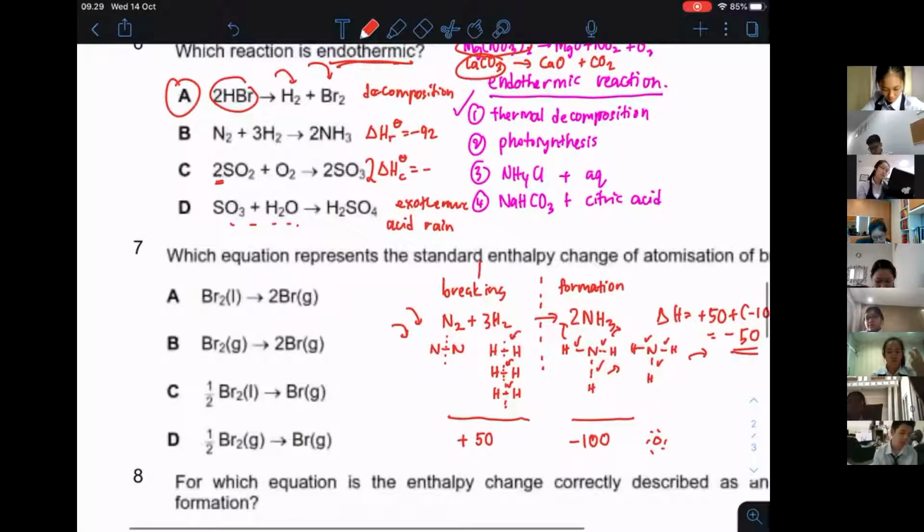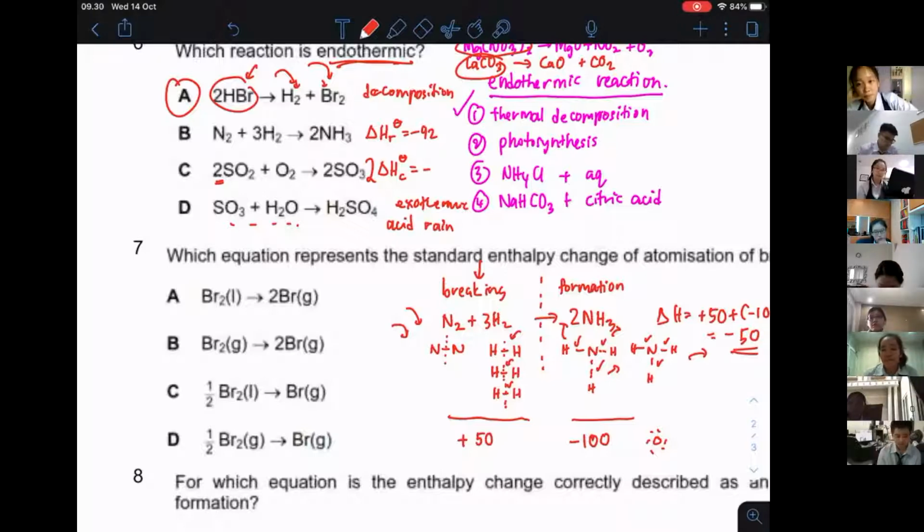It means the energy for bond breaking is always going to be higher than the energy released from the bond formation. That's the explanation. It's very difficult to break the bond, so even after you form the new bonds, there will still be extra positive energy.